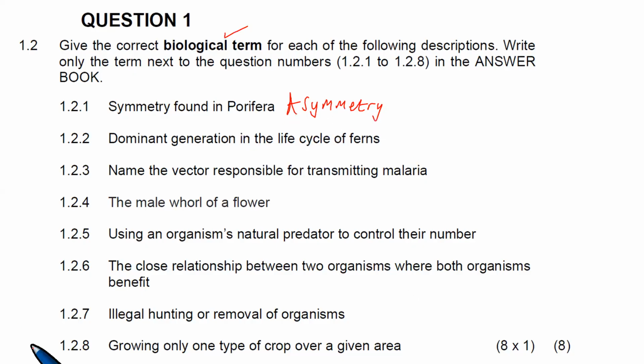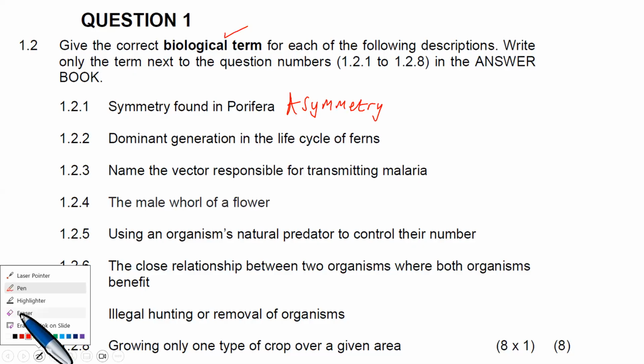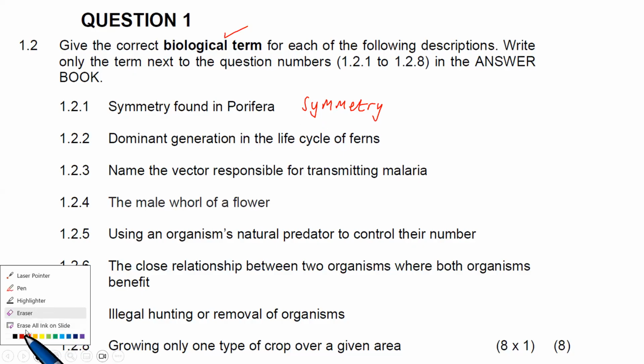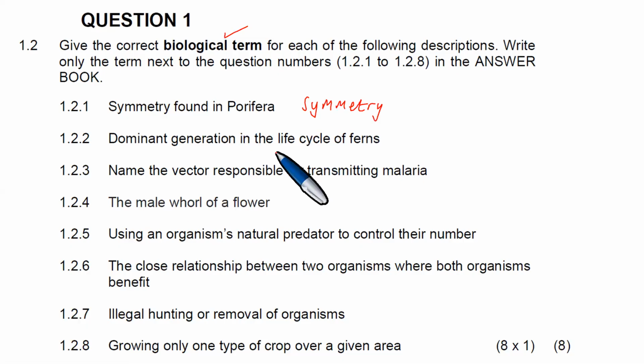So in other words, you must know the definition of asymmetry. What is asymmetry? Asymmetry refers to the symmetry that is found in porifera.